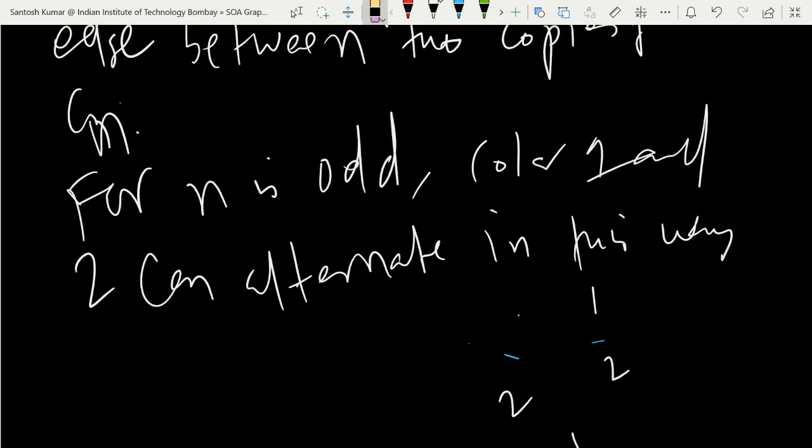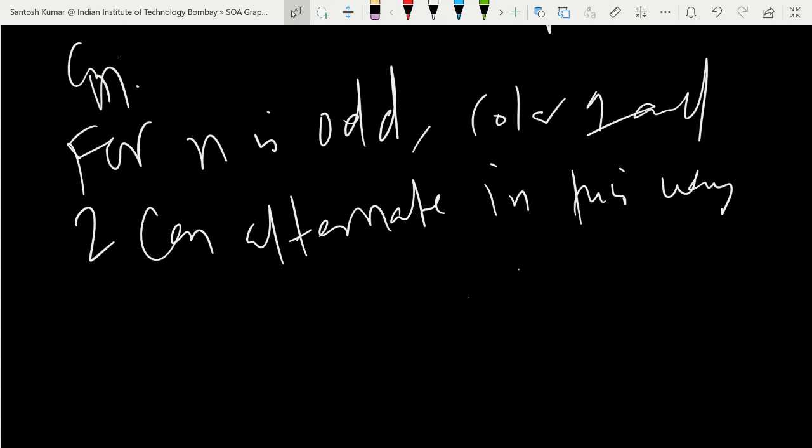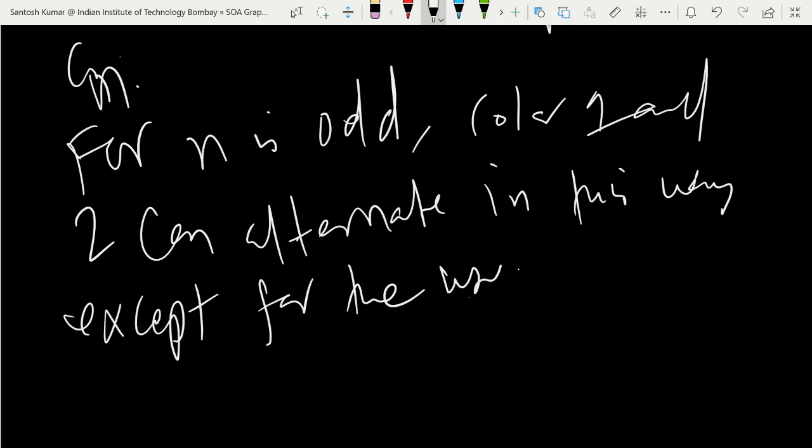So let me write first. When n is odd, colors 1 and 2 can alternate in this way, except for the use of color 3 once. So at one place you have to take color 3.